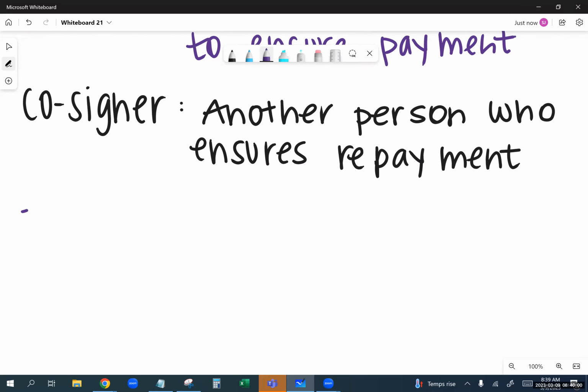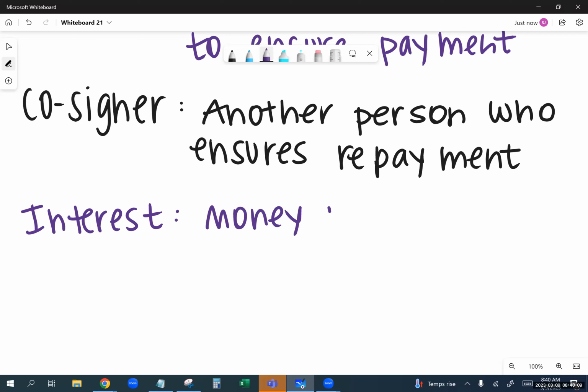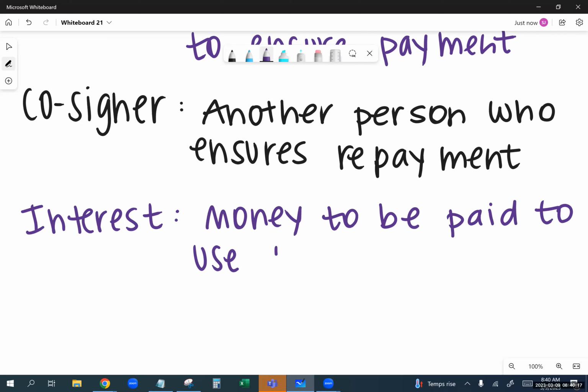Interest, which is money to be paid to use lender's money. You have to pay money to have money. Well, at least you have to pay money to borrow money.